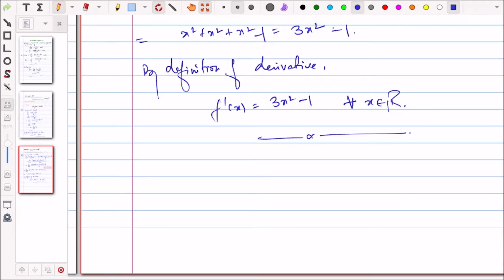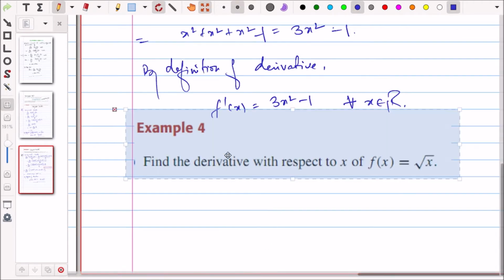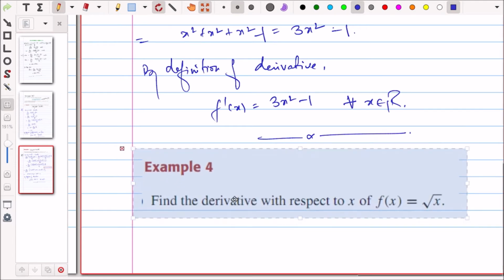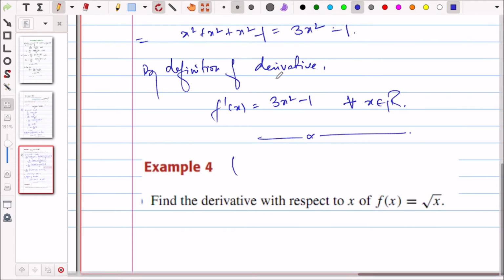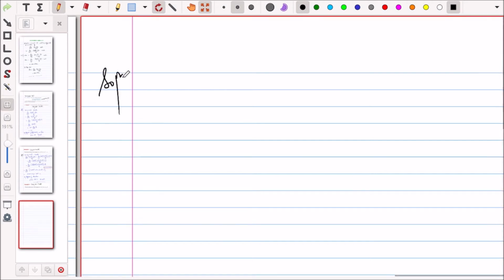So let us do one more question of this type. So find the derivative with respect to x using limit formula. Fine? So solution. How to start?